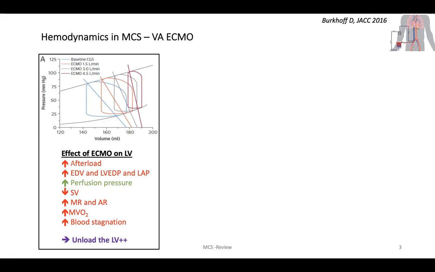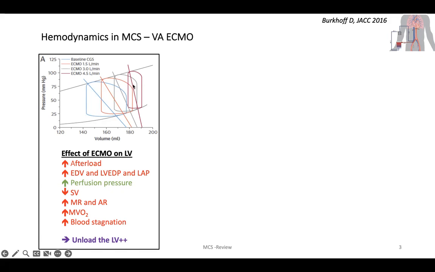This is really important, and that's why we're going to talk about LV distension and the need for unloading the ventricle. The perfusion pressure increases as the systolic and mean arterial pressure increase with perfusion.